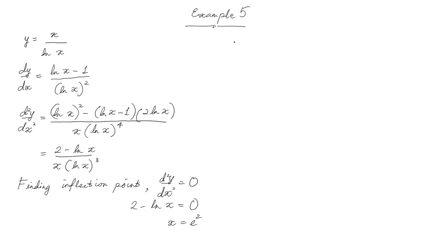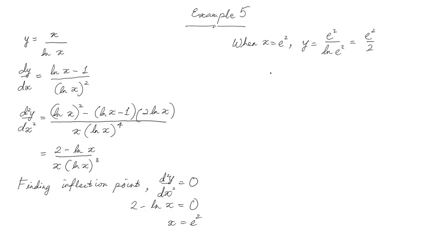Now that we have our x, so when our x is equal to e squared, then your y is e squared divided by ln e squared, and this one can be simplified as e squared over 2.